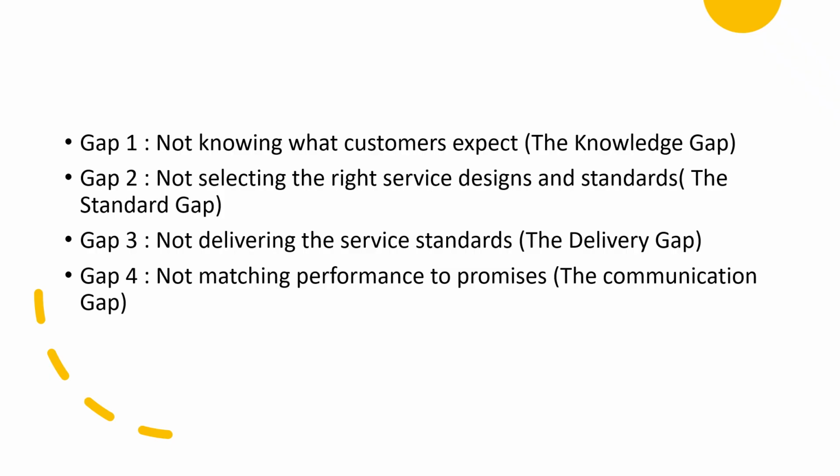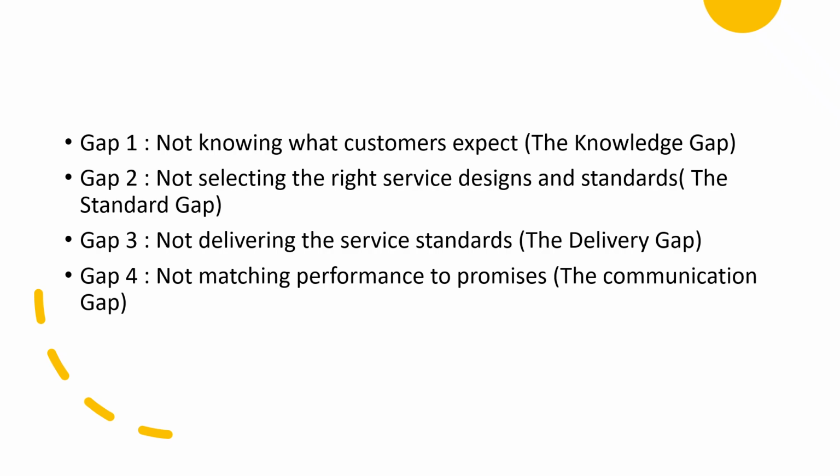So these gaps help organizations pinpoint where service quality breaks down, and it is called the gap model because it focuses on 5 specific gaps that cause poor service quality.